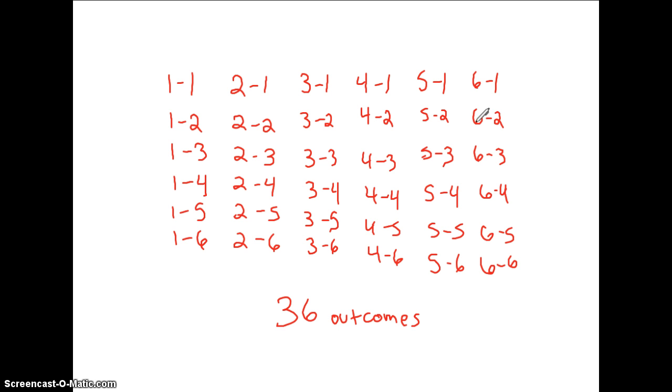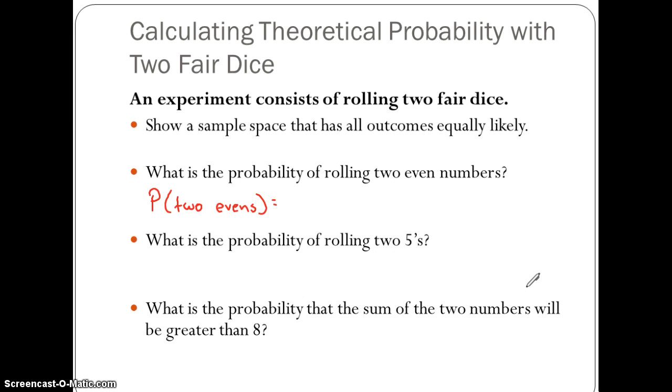There's 3 more. 6,2, 6,4, 6,6. There's 3 more. So we will write the probability of 2 evens as 9, because we found 9, out of a total of 36. And this number does simplify. 9 goes into 9 one time. 9 goes into 36 4 times. So the probability is 1/4.